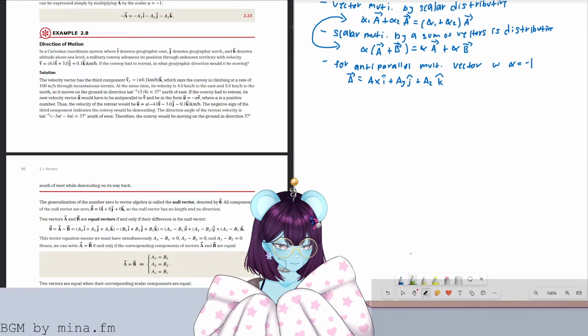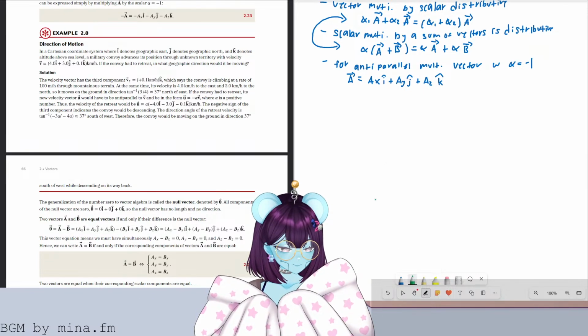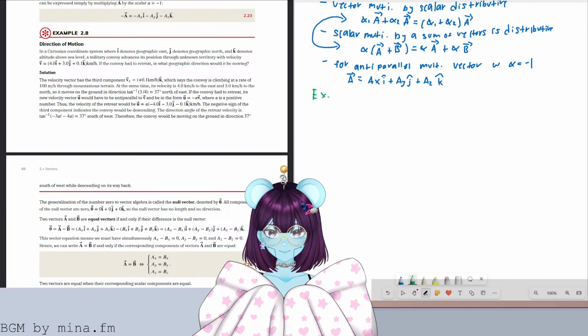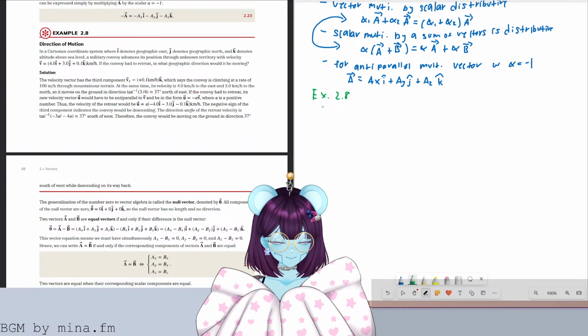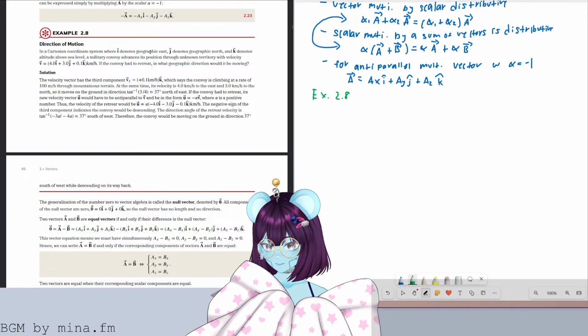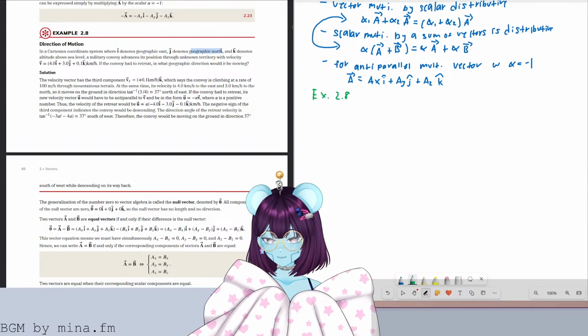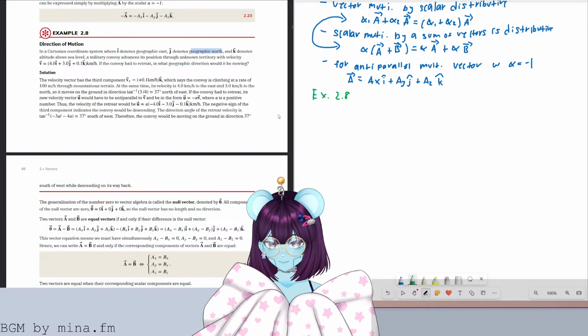Let me switch to a better looking green color. I don't like that green color. We have example 2.8, direction of motion. In a Cartesian coordinate system where I denotes the geographic east, J denotes geographic north, and K denotes altitude above sea level.